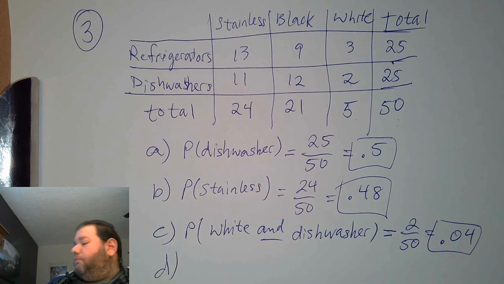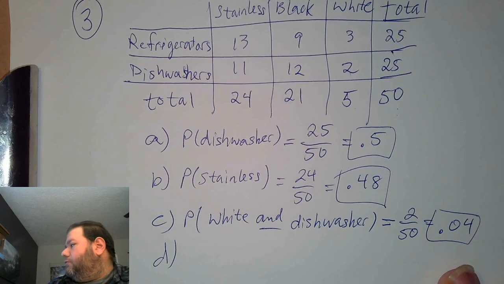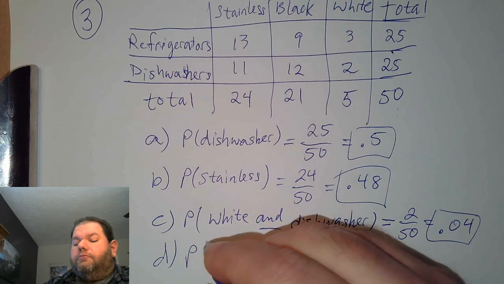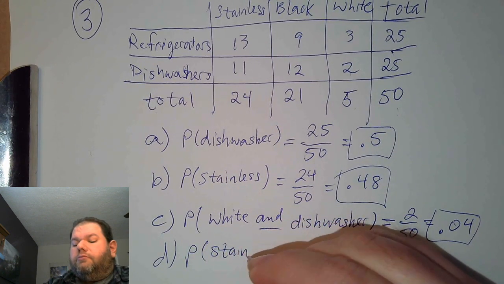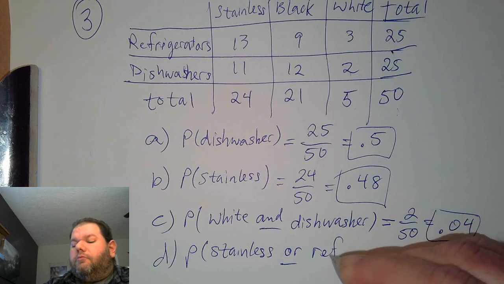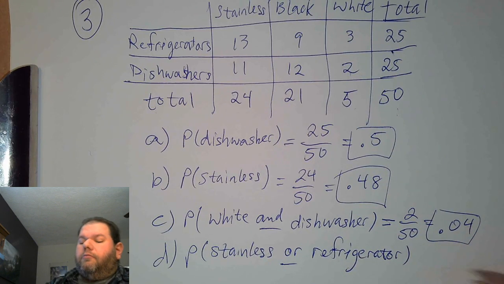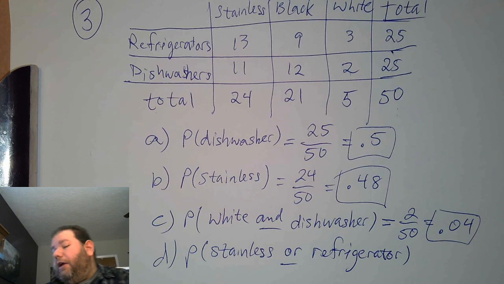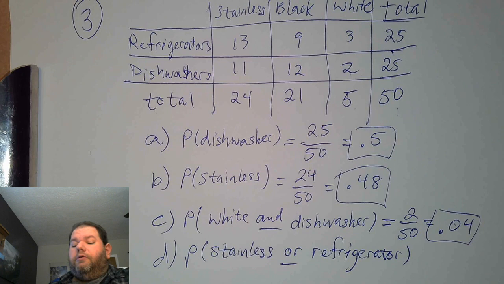Okay, D. We want either a stainless steel appliance or a refrigerator. Now, when we have an OR statement, we want to make sure that we use the addition rule. So our addition rule, let me write this down.